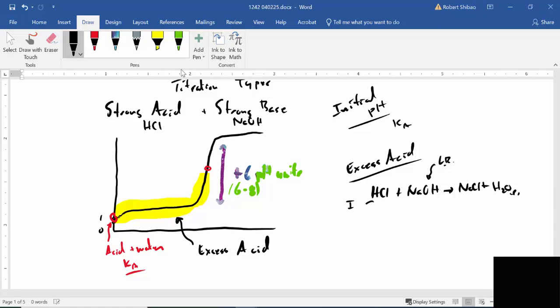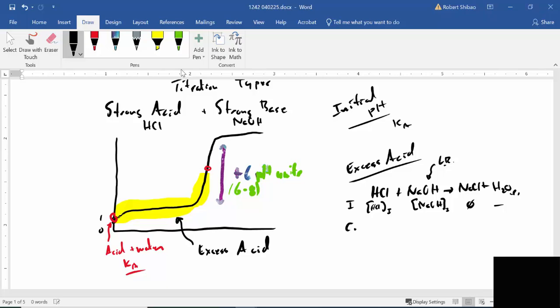So for example, here we start off with our initial HCl and our initial sodium hydroxide, and then we have 0 for the sodium chloride. This is concentration, so H2O is a liquid, and we'll ignore it.